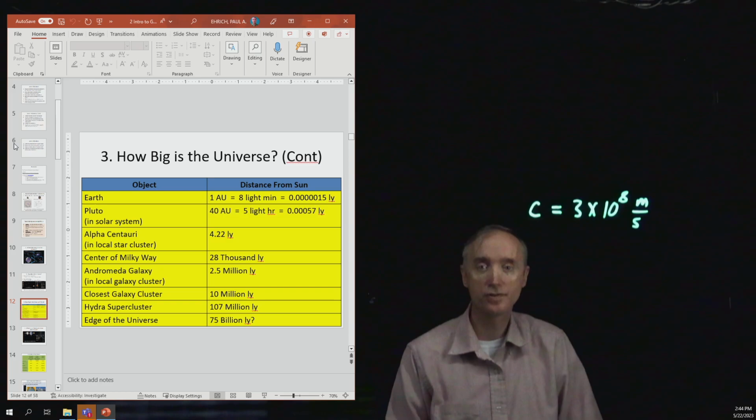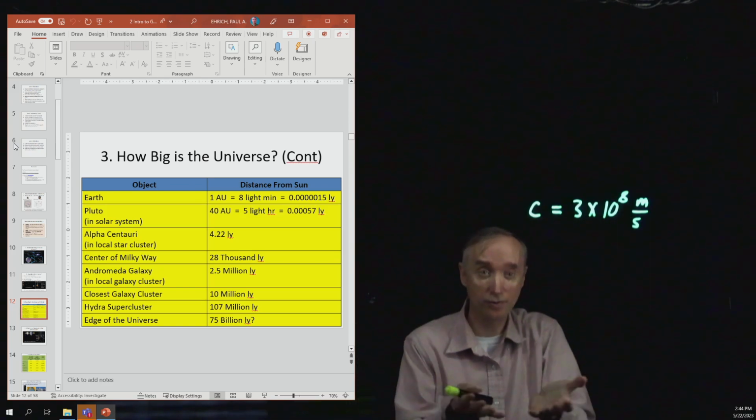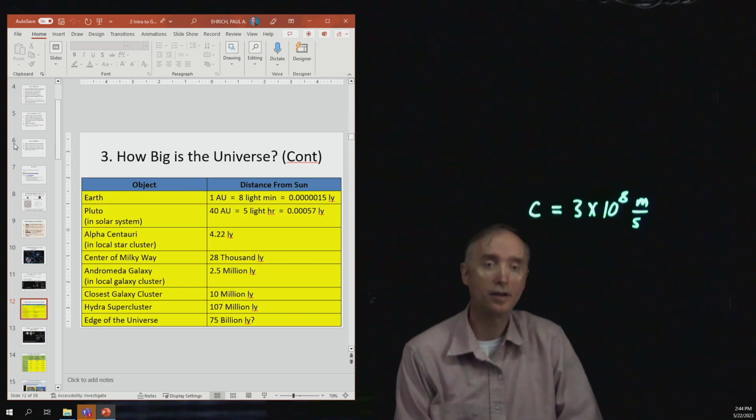Our closest galaxy cluster is 10 million light years away. Our closest supercluster is about 107 million light years away. And then we estimate that the size of the universe could be 150 billion light years across.